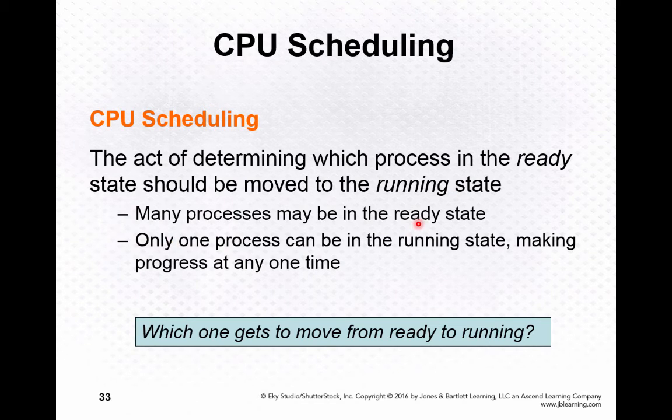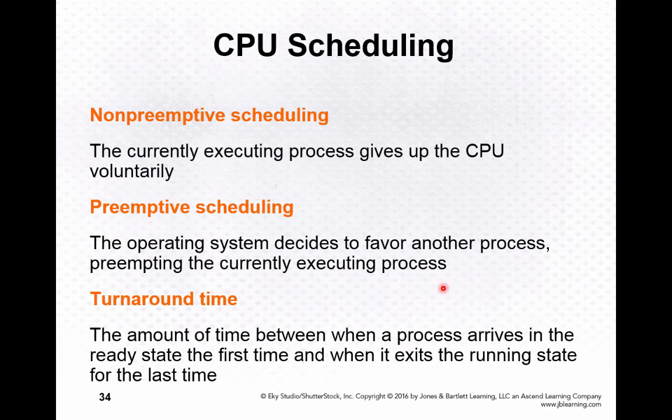Generally, you have many processes in the ready state, only one in the running state. Which one gets to move from ready to running? That's the question, right? So there are different strategies. A non-preemptive scheduling approach will never stop a process from running unless it yields the CPU.